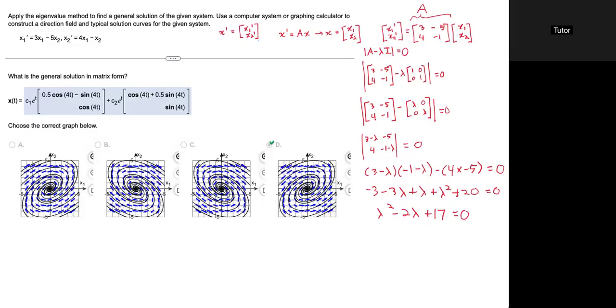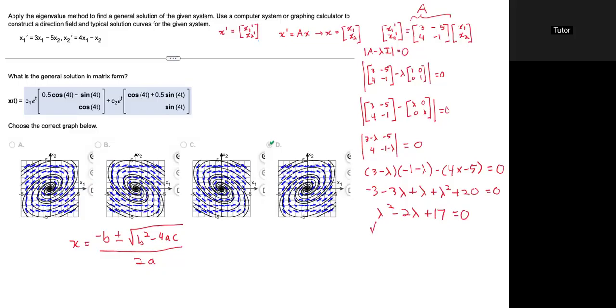Now, this is a form where we would need to apply our quadratic formula. First let's write the quadratic formula more explicitly. The quadratic formula says that x equals -b plus or minus the square root of b squared minus 4ac, over 2a.